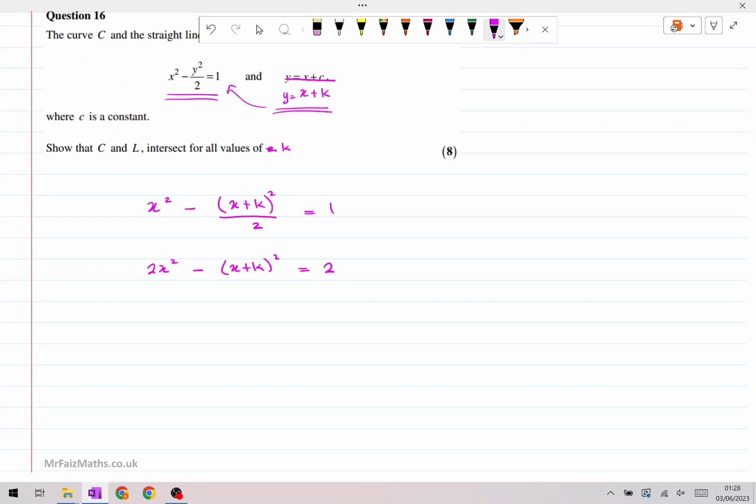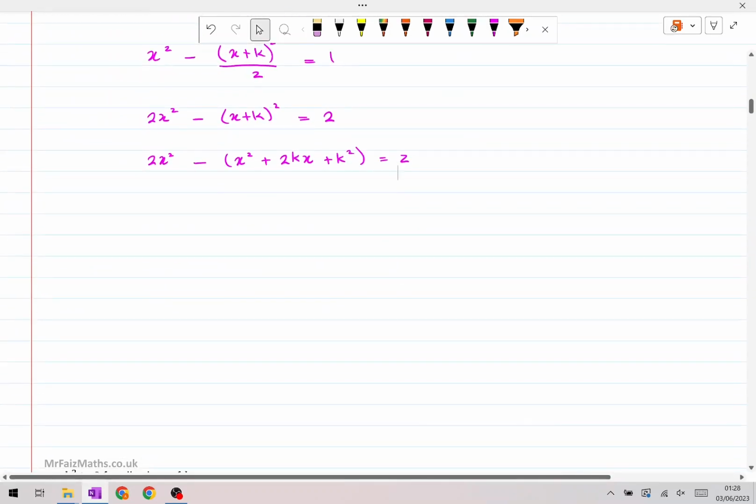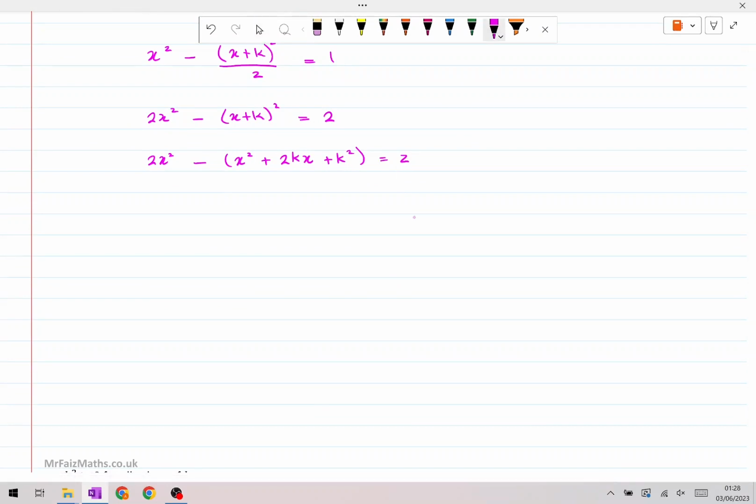If we then expand the bracket, we're going to have 2x squared minus x squared plus 2kx plus k squared is equal to 2. We'll just multiply the minus sign into this and bring all the terms to one side. So 2x squared minus x squared is just x squared. I'm then going to have minus 2kx, then minus k squared, and then we'll bring this minus 2 to this side as well.